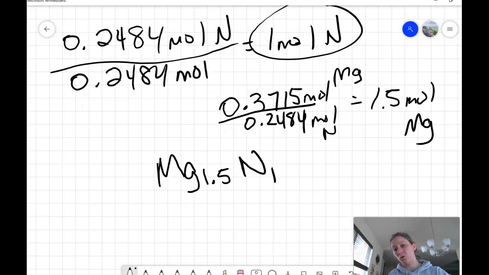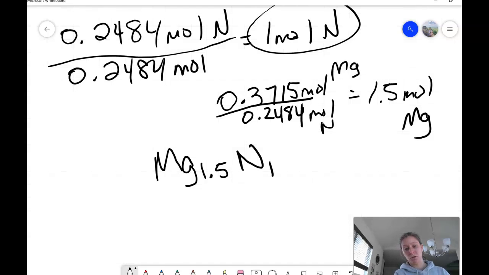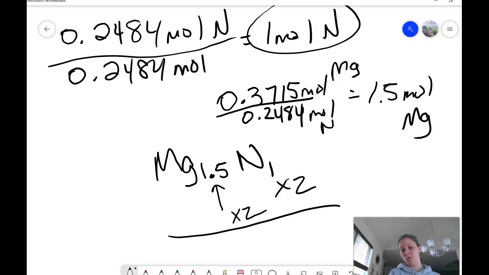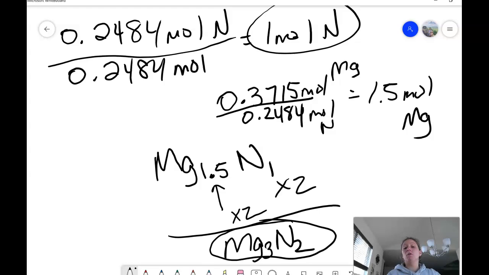Now that doesn't look totally right to us because we never use our subscripts as a decimal, because I can't have part of a particle in that formula, and I don't need to write the 1. So I have to find a way to get rid of the decimal. Well, fortunately for me, it's 1.5. So if I multiply them both by 2, I would get Mg3N2, and that would be the chemical formula that I figured out from being given the masses.